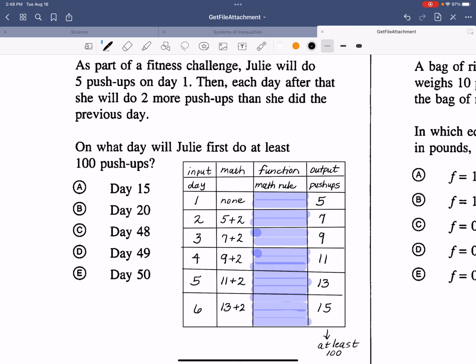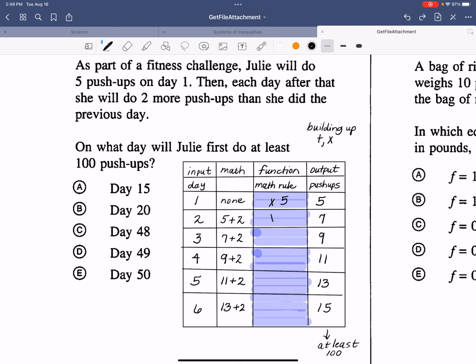Where I would start is to think, okay, in each scenario from input to output, I am building up. At no time am I breaking down. And building up can only be done with addition and multiplying. Those are my two options for building up. So I could say 1 times 5 is 5, but 2 times 5, for example, if I try it right here, it's not going to work. 2 times 5 is not 7.